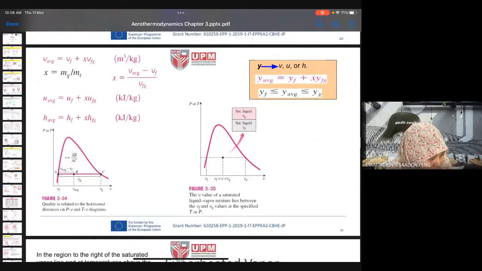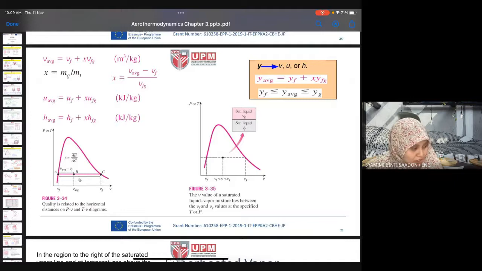We can use this quality X to calculate the internal energy U or enthalpy H average.